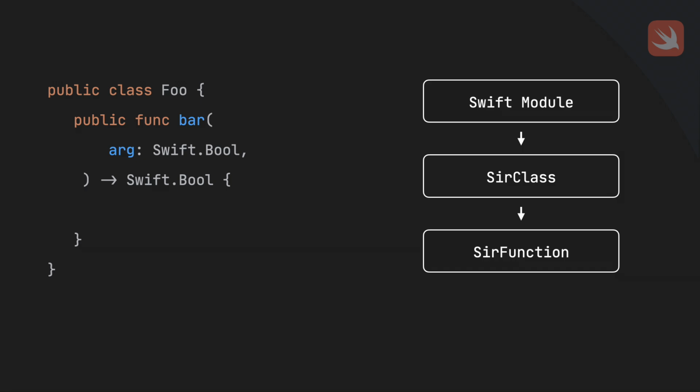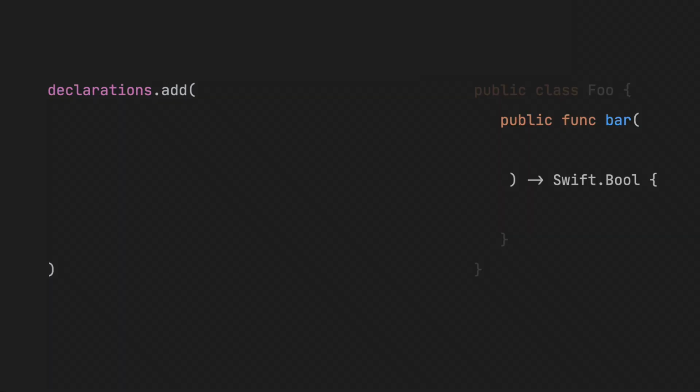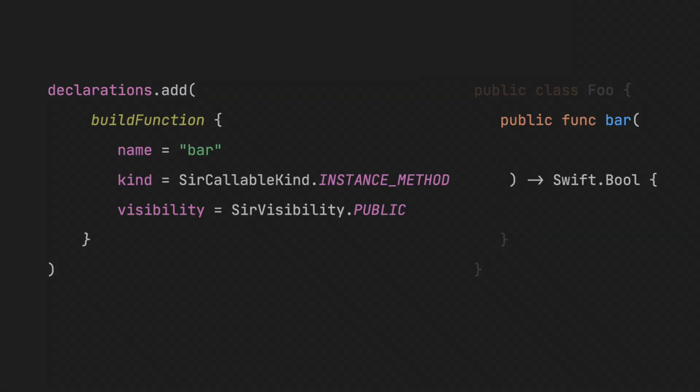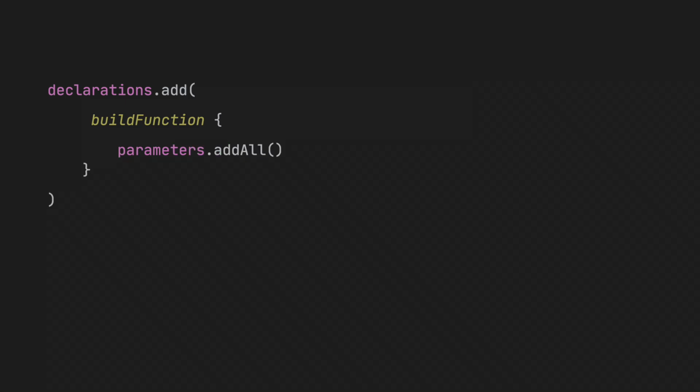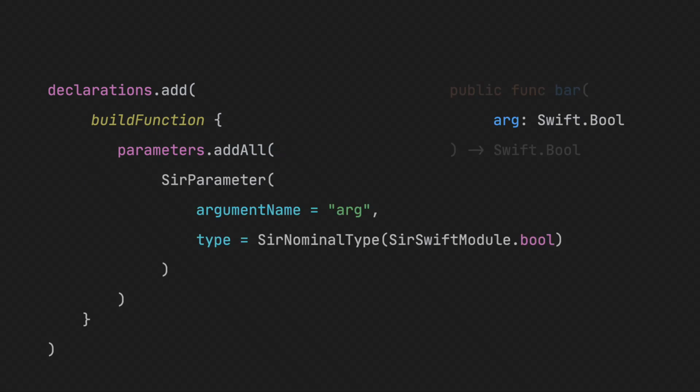So how do you go about adding arguments to a function? We built out the function named bar, and it was a public function, and it needs to take in an argument, and there is an SIR type for that. What we need to do is add in parameters, and we could add in a list of parameters as we want, just like this. And we're going to use our SIR parameter, just like that.